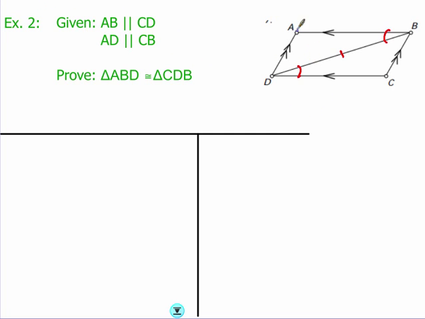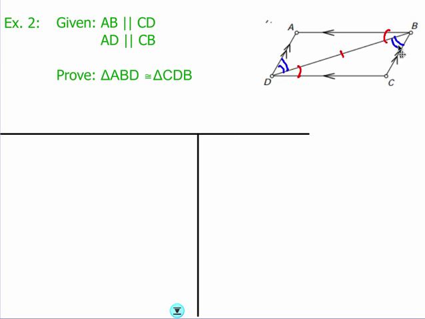Similarly, if AD is parallel to BC, and once again they're cut by this transversal, then I know that this angle right here is congruent to this angle right here, also by alternate interior angles. Well, now what do I have?